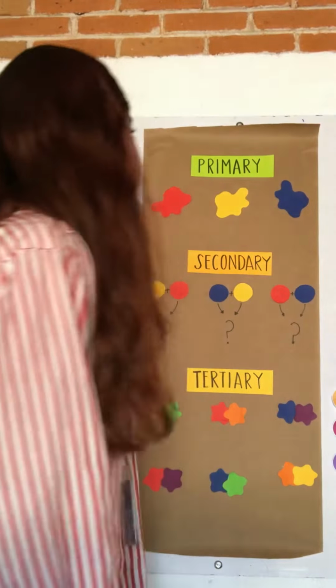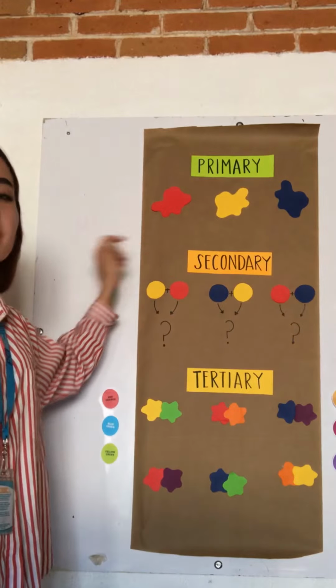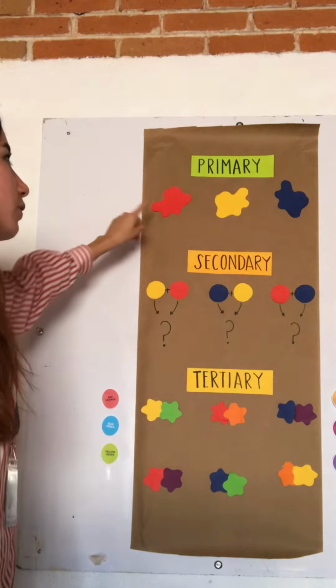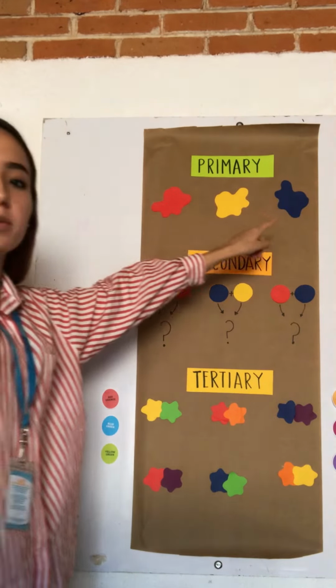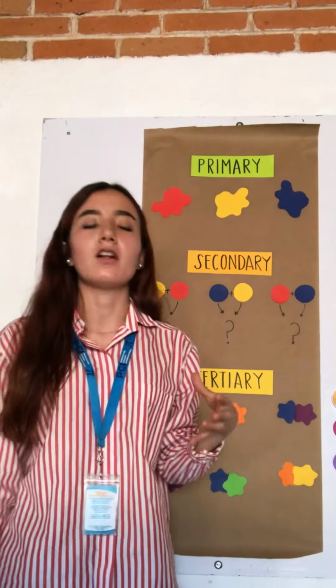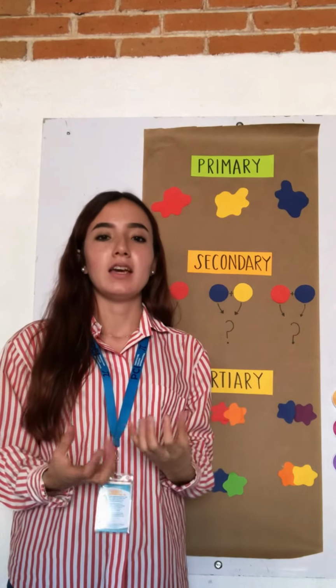Okay, so first we have the primary colors. In the primary colors, we will have red, yellow, and blue. These are the primary colors. The primary colors are the colors that we can't actually make. They are naturally like that.